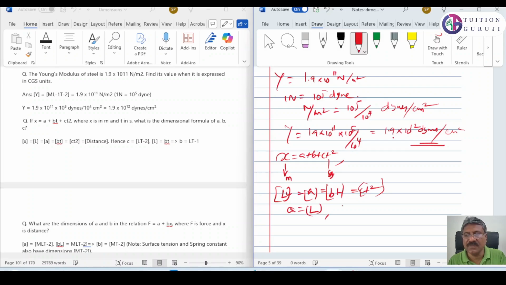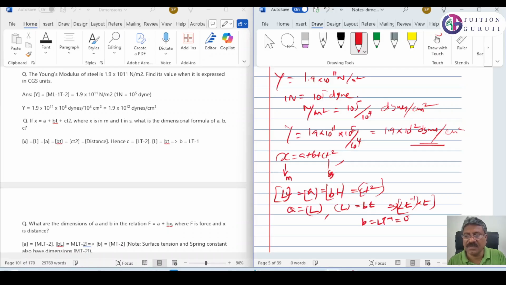Now L is equal to B into T. To get it, B into T means T raised to minus 1 into T becomes 1, then we get L, so we multiply by L. So B is equal to L T raised to minus 1, nothing but velocity.